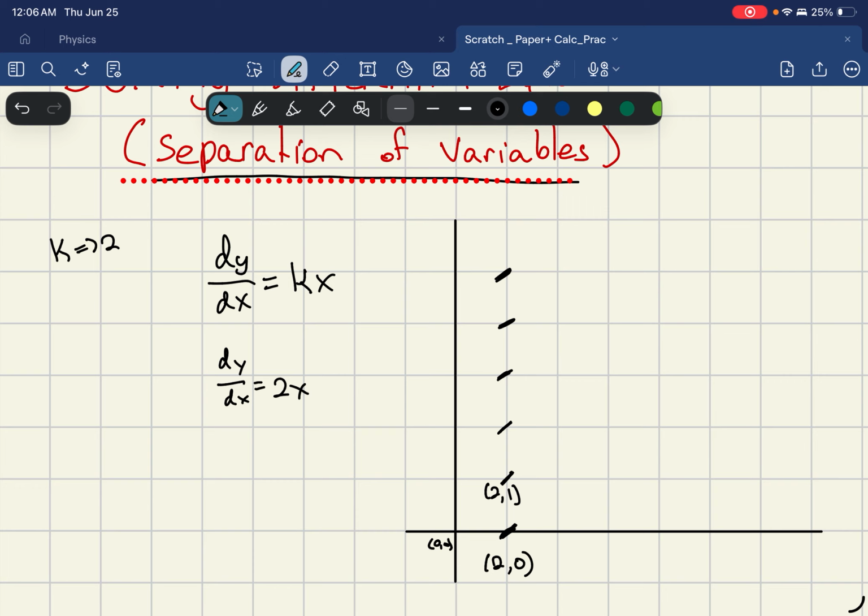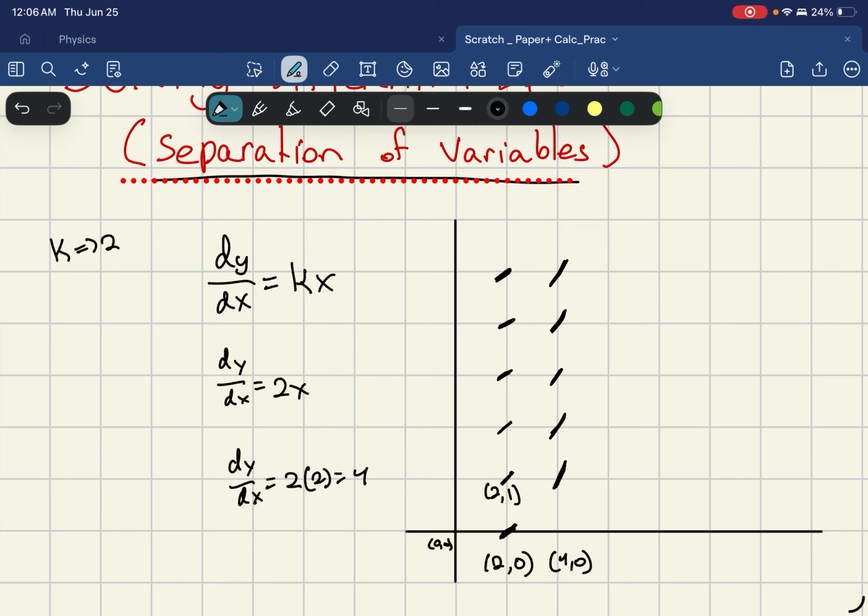Well, let's say I went to x equals 2. Well, dy/dx would equal 2 times 2, which is equal to 4. So I would have a rate of change of 4. That means a much steeper slope, a much steeper slope for every y value, as you can see, because our rate of change is only dependent on our x value. It only changes when our x value changes. If our y values change, nothing happens.